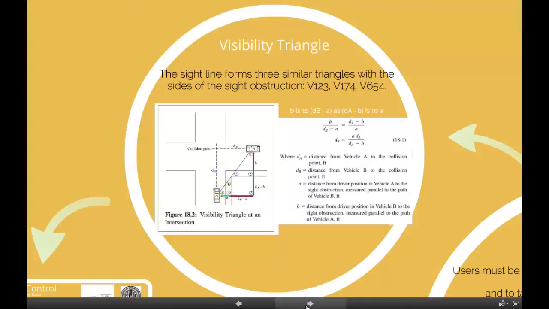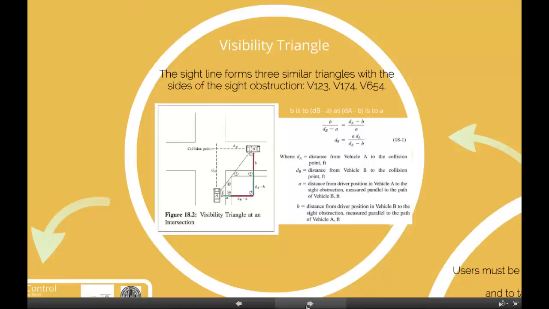According to the properties of similar triangles, we find that segment B is to segment dB minus A as segment dA minus B is to segment A. Rearrange the equation and solve here for dB, which is the distance from vehicle B to the collision point at the moment mutual visibility is first established. It would be a shame if dB were less than the distance needed for vehicle B to perceive the hazard, react, and decelerate to a stop.